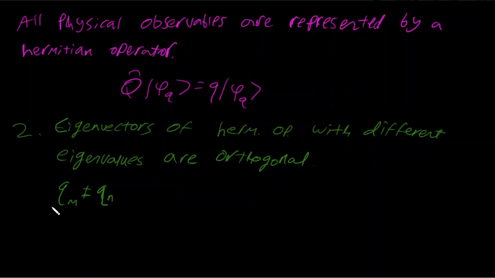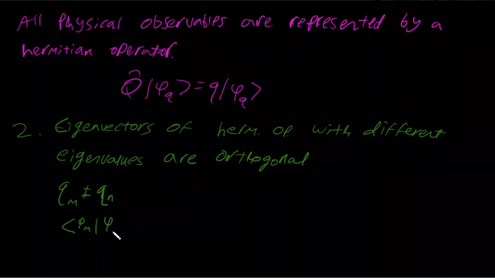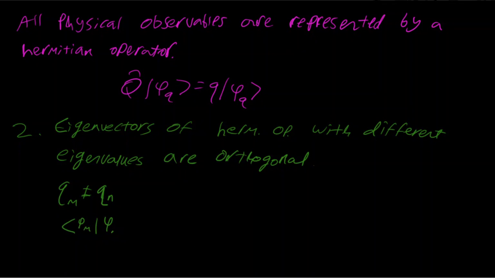And so now let's look at this. It's actually pretty similar to what we did in the first proof. Let's take phi m inner product with q hat acting on phi n.